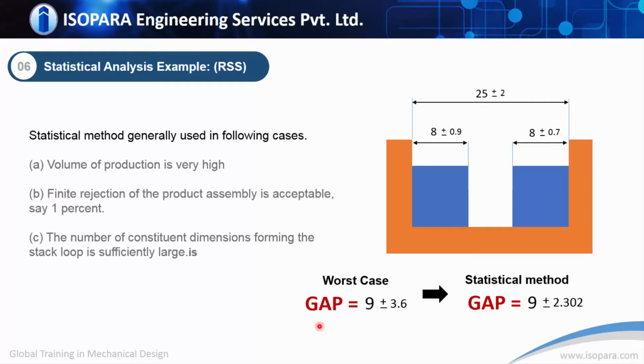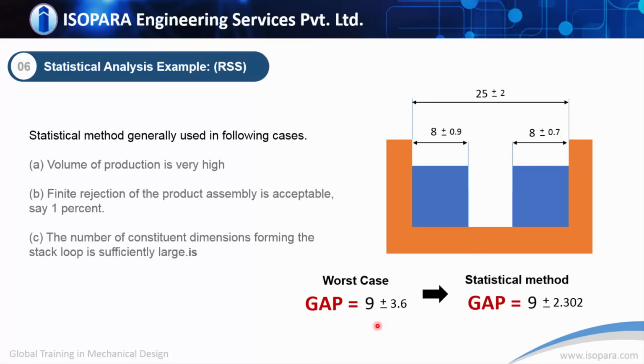The important point to be considered here is that the gap value variation shown for this method is less than that of the worst case method. This denotes that as per statistical analysis, a gap value of 9 plus or minus 2.302 will yield an assembly success rate of 99% or more.